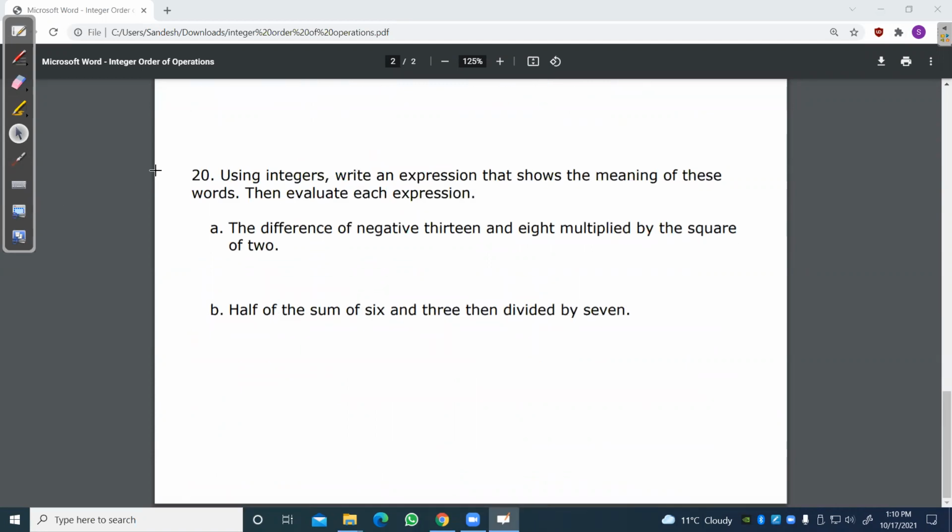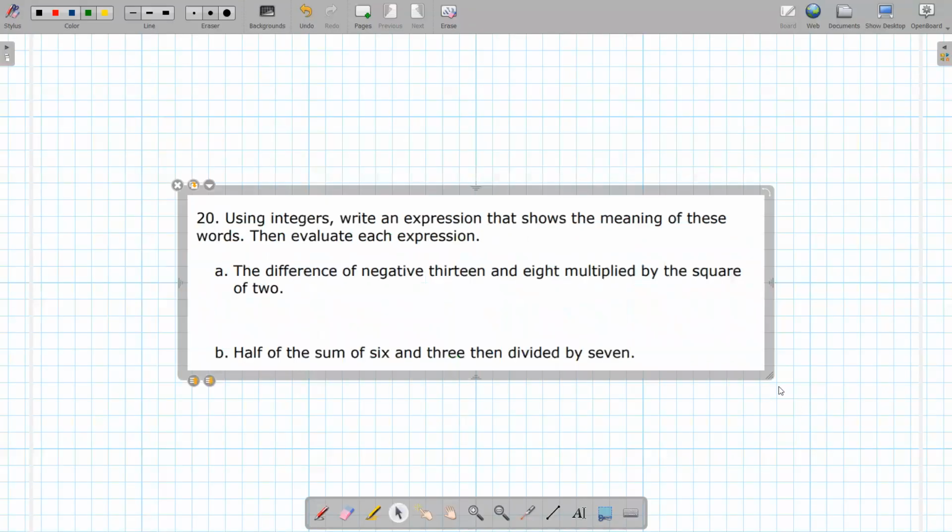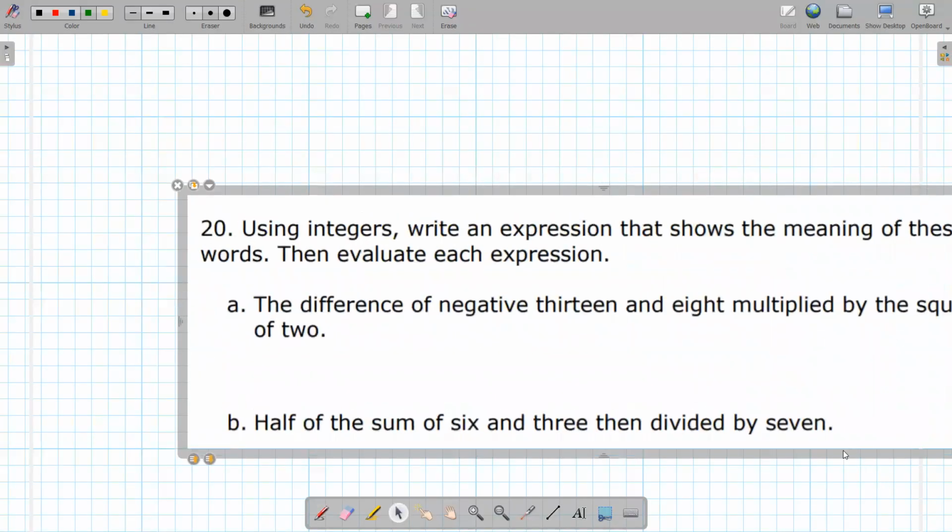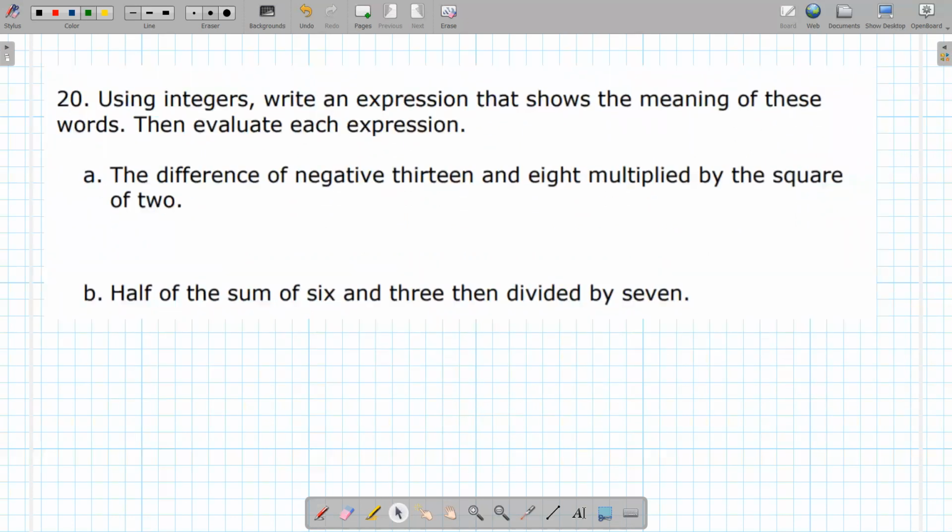Okay, let's do a word problem. So you basically have to turn these words into an equation, all these expressions into an equation. It says the difference of negative 13 and 8 multiplied by the square of 2.